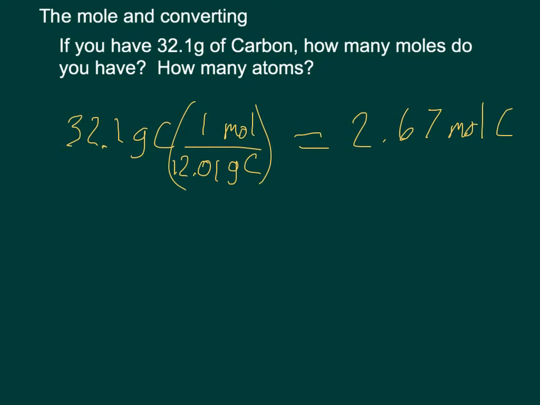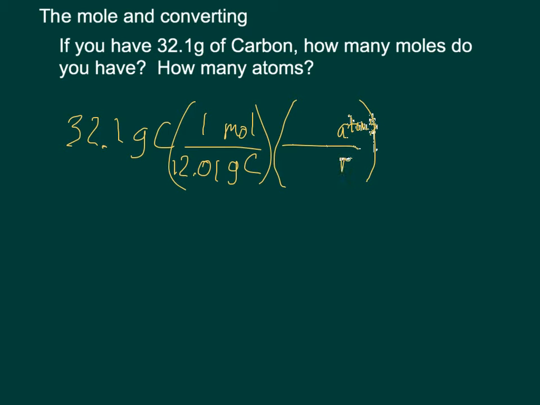If I want to go to how many atoms of it, we could also do this in one step. I'm just going to back this part out. Erase that. And we're just going to chain the next factor on, and this factor is going to use Avogadro's number. So we are going to now set up the next unit factor that has atoms on the top, and on the bottom has moles.